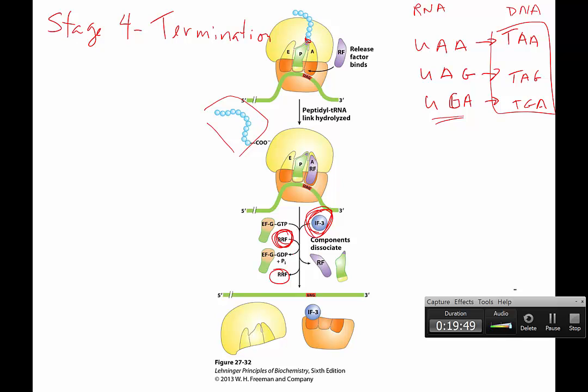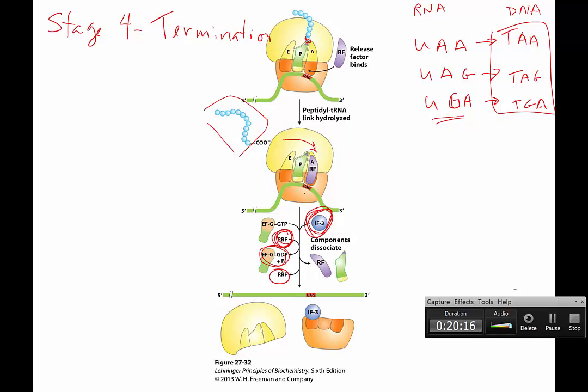But what was assumed then is that EFG causes translocation of the release factor, and once the release factor is pushed into the P site, then everything dissociates. And when you get this GTP hydrolysis taking place here, that pushes the ribosome over.